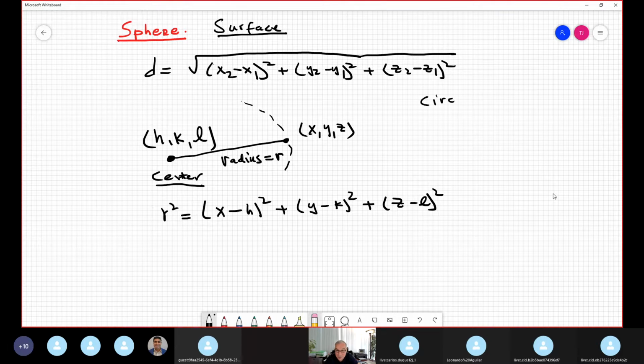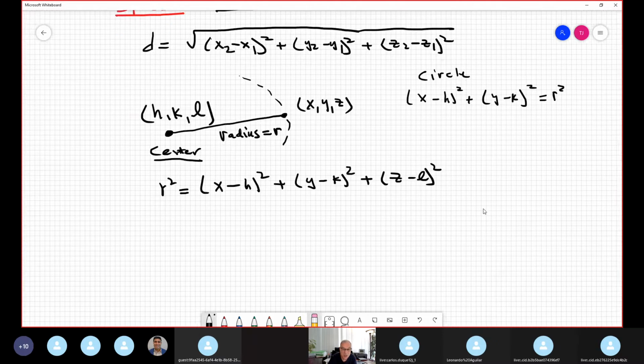Circle is in 2D. Sphere is in 3D. This equation for the circle is x minus h squared plus y minus k squared equals r squared. So we have no z, we have no l. This is 3D.